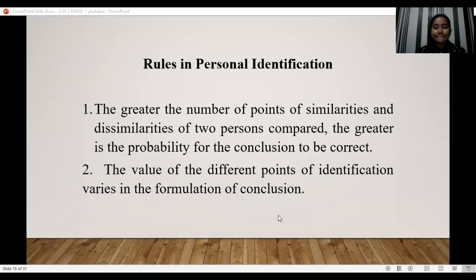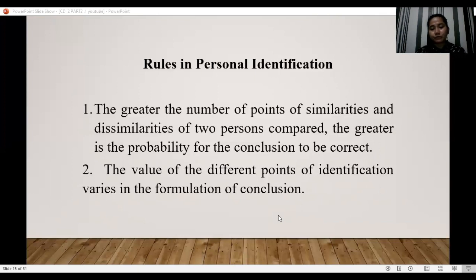Take note that the first rule is also known as the law of multiplicity of evidence in identification. The next one is, the value of different points of identification varies in the formulation of conclusions.